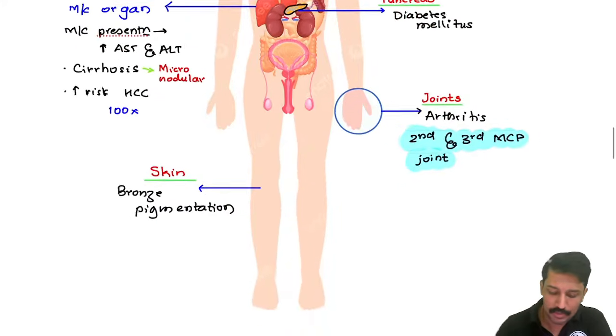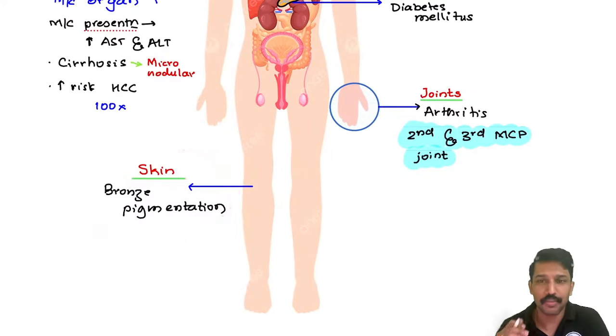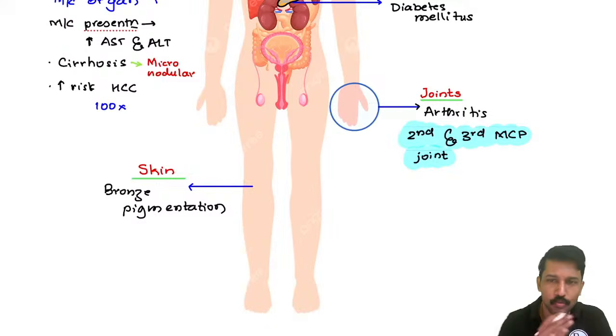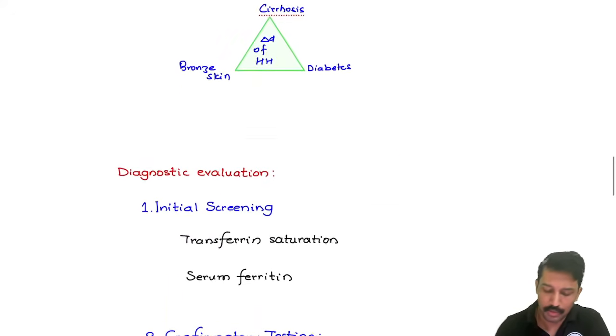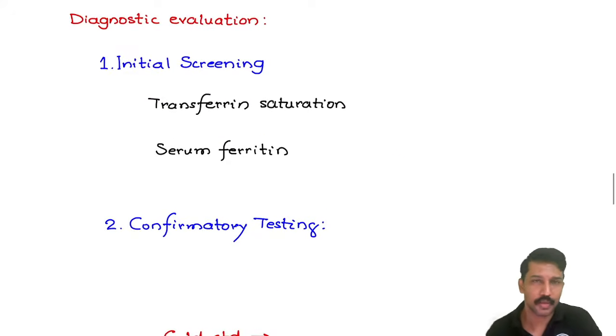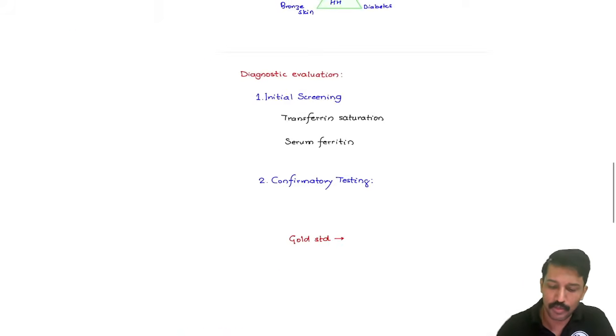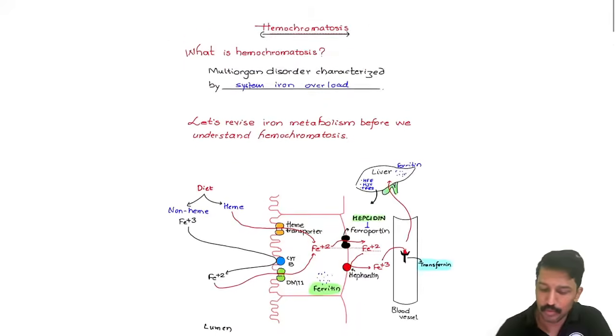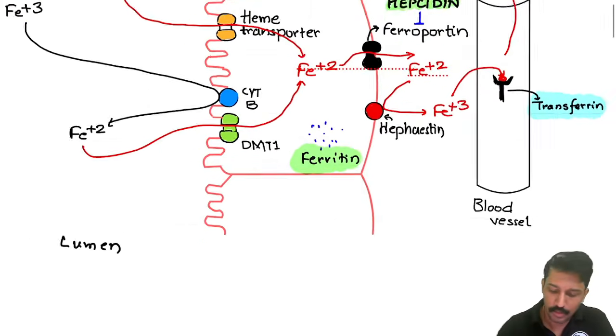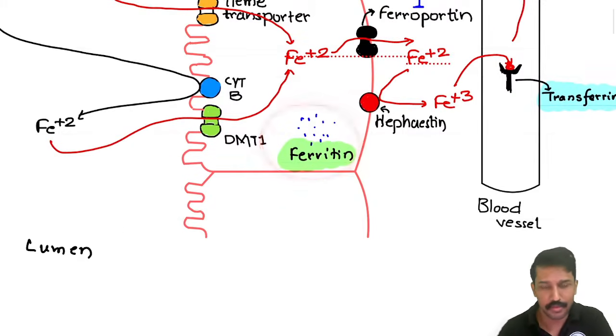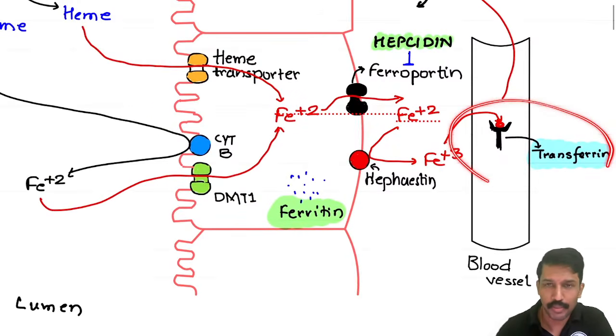In terms of clinical examination, bronze skin pigmentation may be a potential clue to think towards this, but still we have to rely on the lab. We'll have to talk about the lab diagnosis in terms of initial screening and then confirmatory testing. Initial screening, we are looking at two tests. One is transferrin saturation. While talking about iron metabolism, I told you that the storage form of iron is ferritin and the transport form is transferrin.